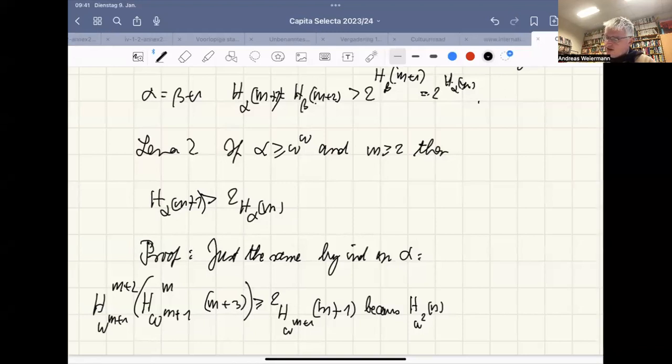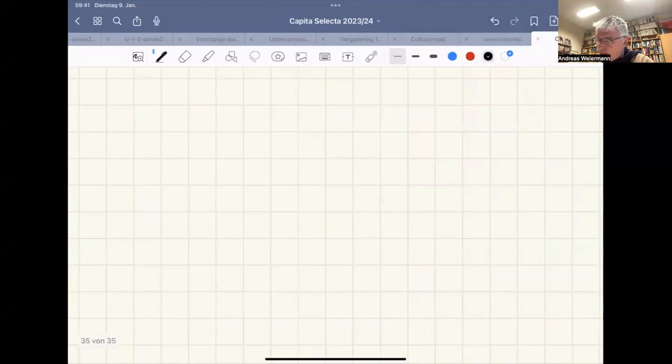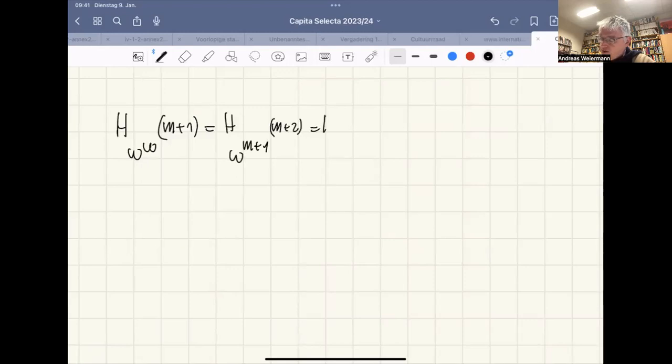That's maybe not yet enough. So let us consider a new page. So h omega to the omega of m plus 1. This is h omega to the m plus 1 of m plus 2. This was m plus 2 here. Was h omega m plus 1 of m plus 3 of m plus 3 that we already have seen.